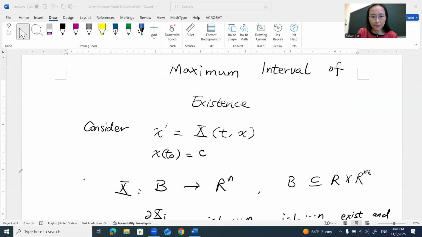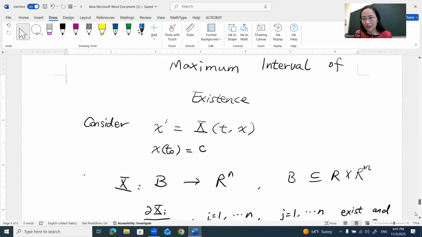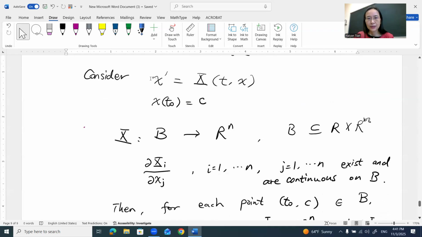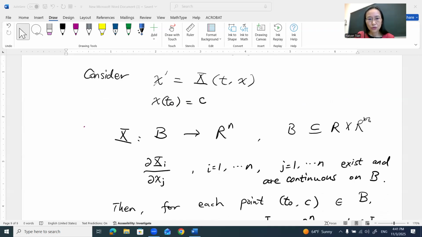So here is the same assumption. We just get a stronger result. A quick look at the problem: that is the initial value problem. This is the initial data and the vector field defined on the set B. B is a subset of R cross Rn, and the partial derivatives of the vector field are all continuous.